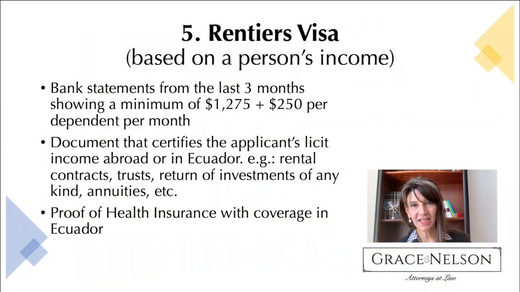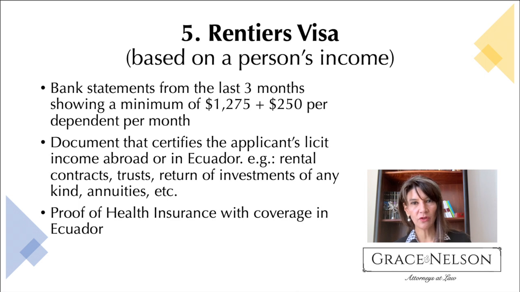So that's a good way to base the temporary residency visa. As I mentioned, you can also opt for the Rentiers visa, and this has a variant now. The Rentiers visa is an income-based visa, and what it requires is that you prove that you have listed income from a source abroad of at least $1,275 for the principal plus $250 for the dependent every month.